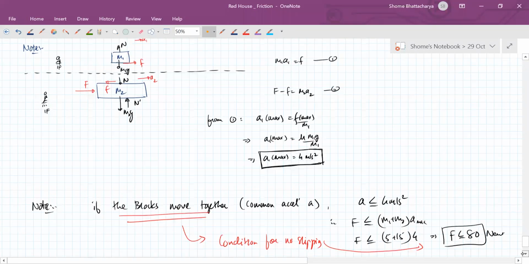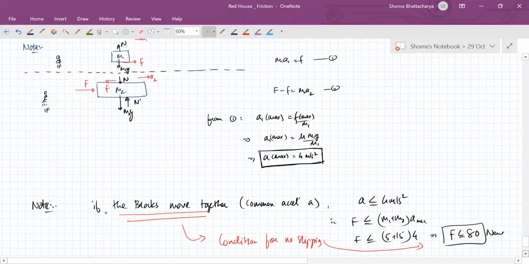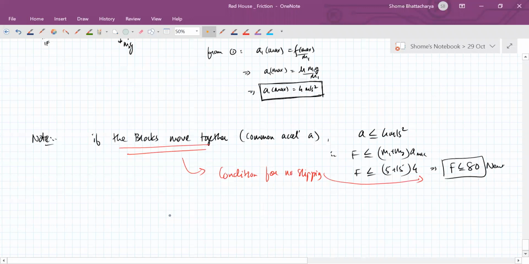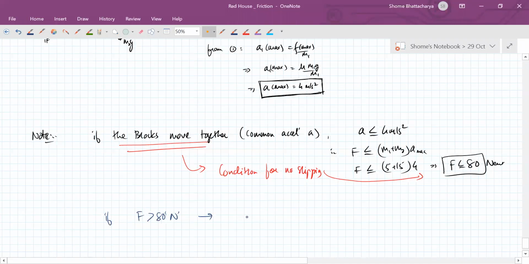Okay, and on the other hand, if F becomes greater than 80 newtons, that means the friction acting will become kinetic friction, which will be mu m1g.